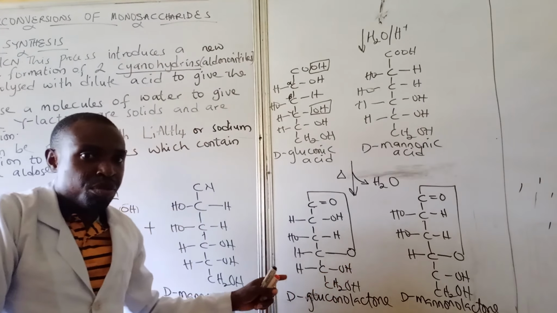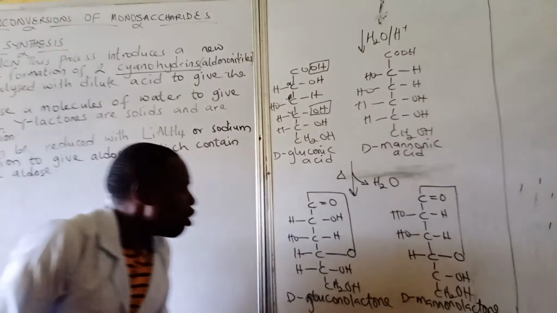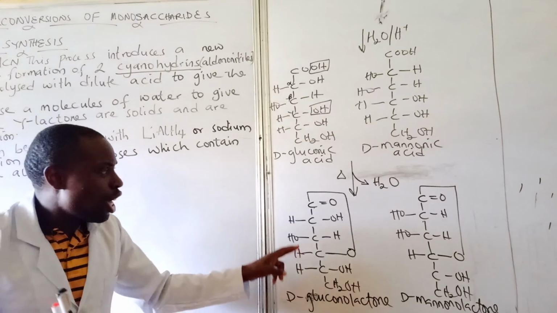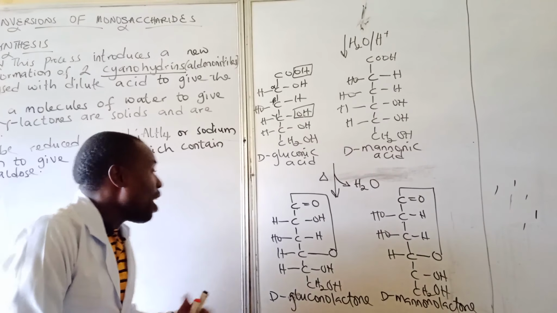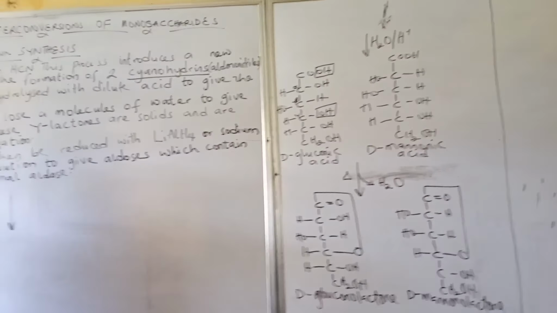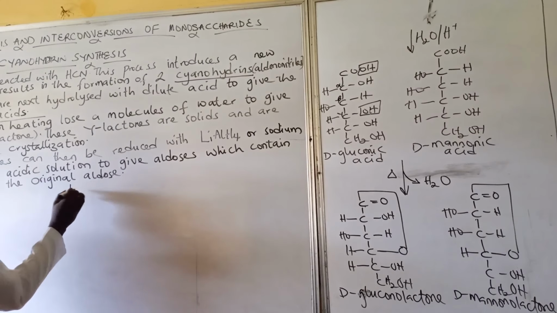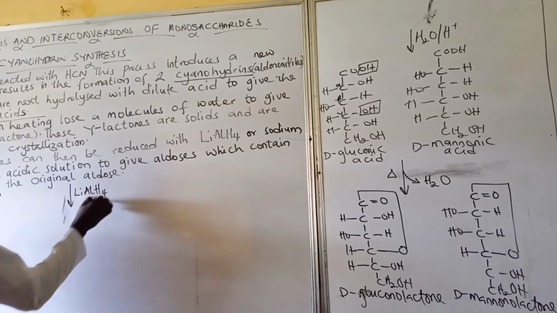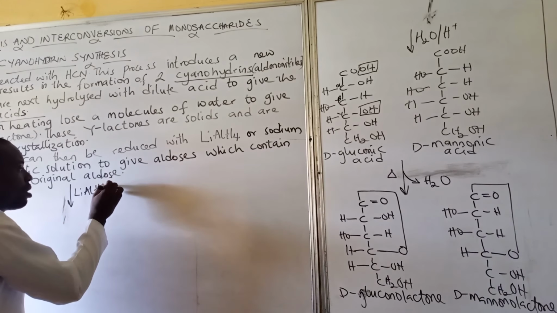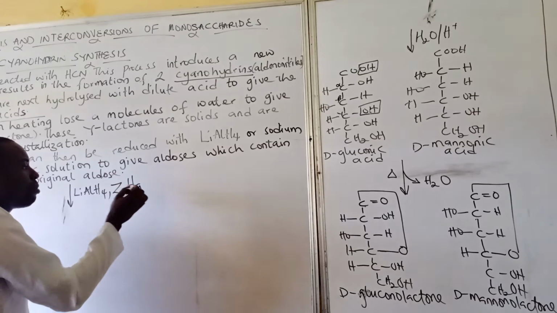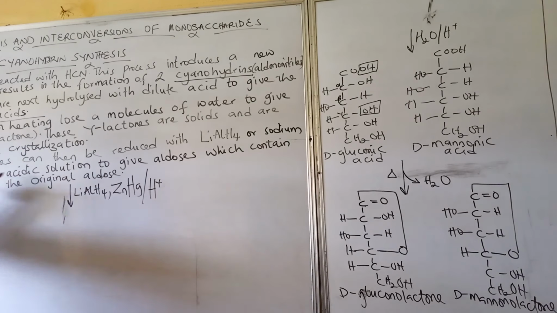All right. So we've talked about this last step. What will now happen with the introduction of a reducing agent, such as, follow here, let me make it plain, lithium aluminium hydride or zinc amalgam in a weakly acidic solution?